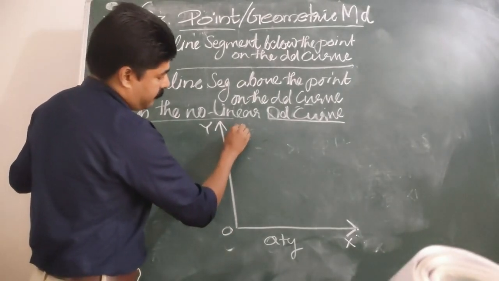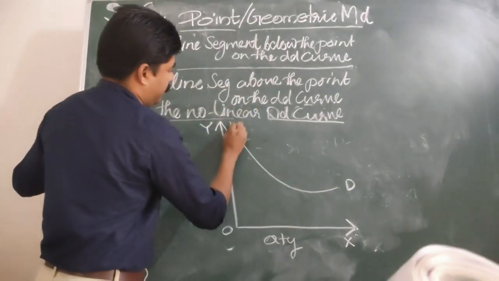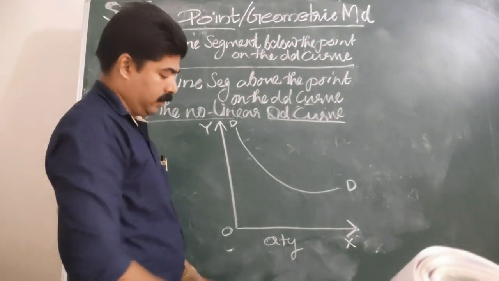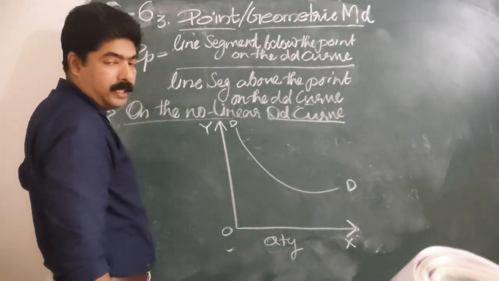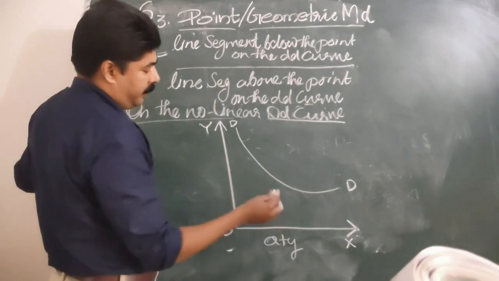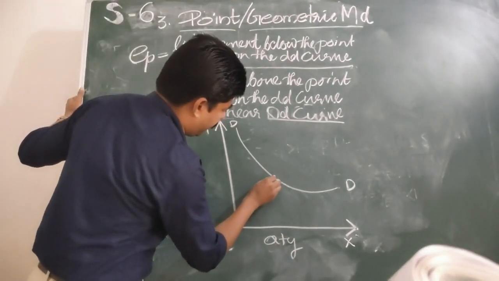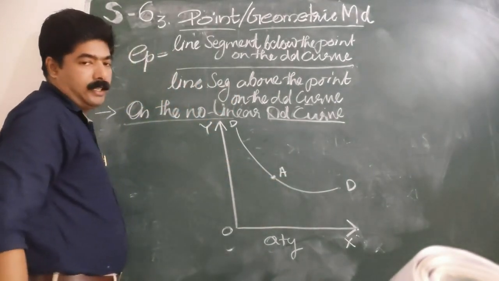A non-linear demand curve is a curve, not a straight line. Now I have to find out the elasticity under the geometric method by a point. I am just drawing a point. This is the point A, and I have to calculate the elasticity.